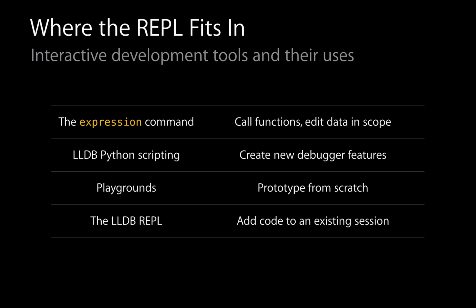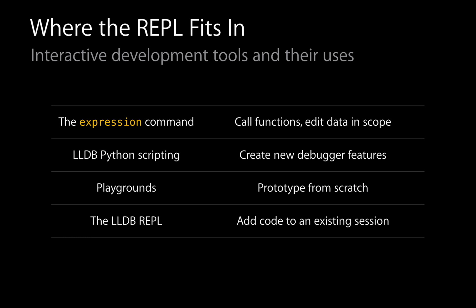First of all, you have the expression command, as I alluded to earlier. That's a great way, when you're stopped, to poke at your variables, to call a couple of local functions. We also have, if you're a more experienced lldb user, or maybe you've watched some of our previous session videos, lldb Python scripting.